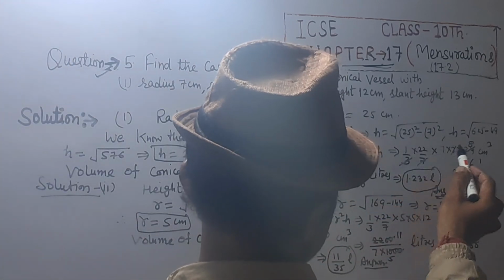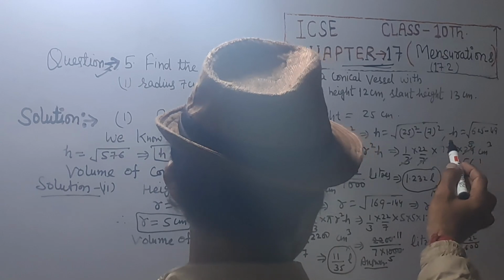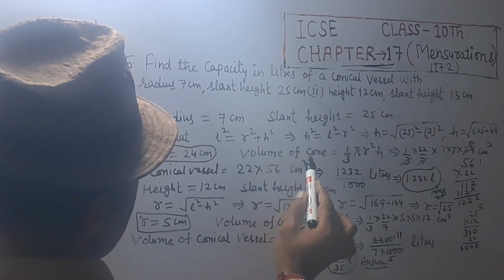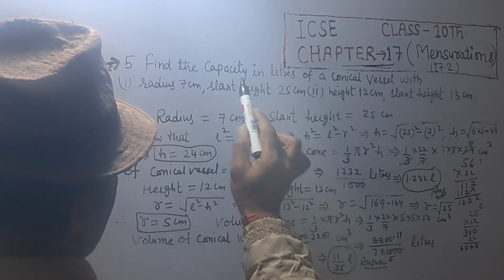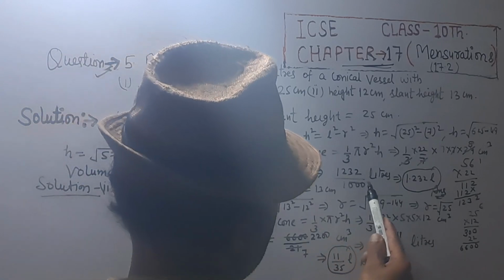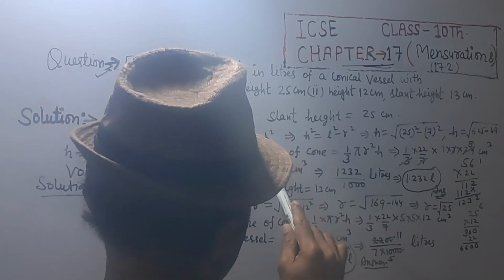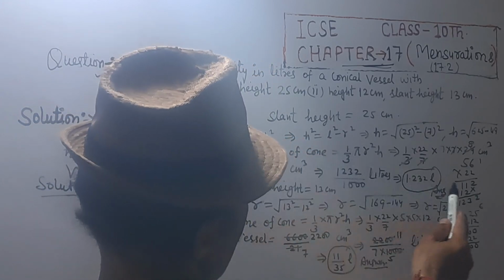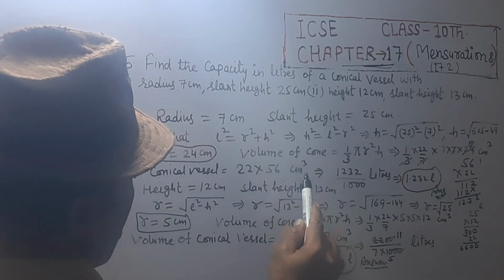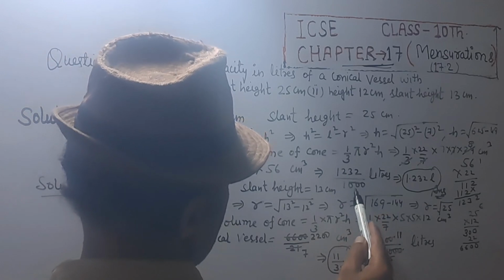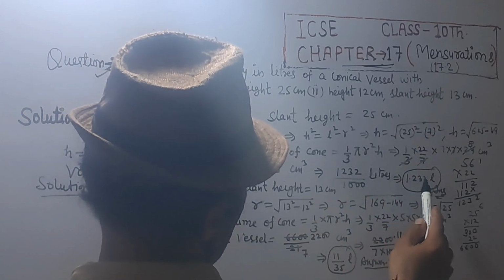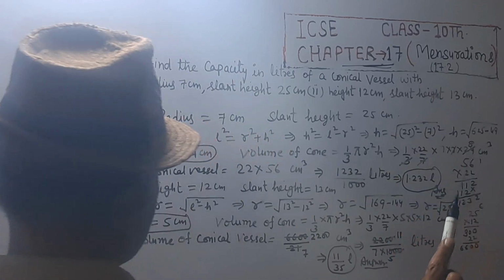So volume of conical vessel is 22 into 56. 7 is cancelled and 3 8s are 24. 8 multiplied by 7 is 56 multiplied by 22 centimeter cube. And we find the capacity in liters divided by 1000, that is 56 into 22 equal to 1232 centimeter cube and divided by 1000 in liters, 1.232 liters, answer.